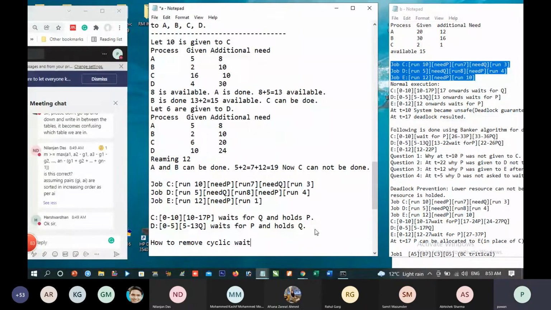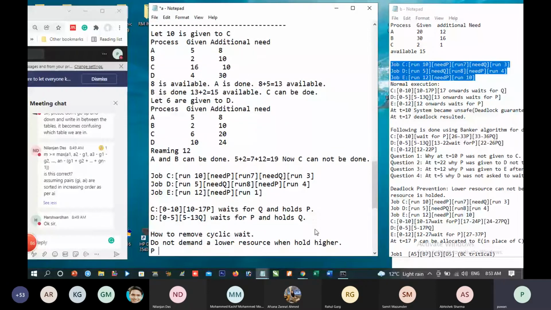Do not demand a resource lower resource and higher resource and hold higher. Let us assume P is lower and Q is higher.